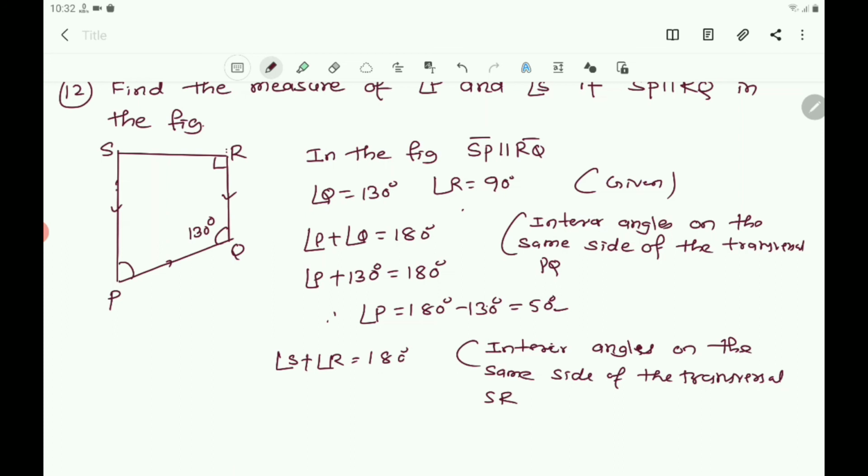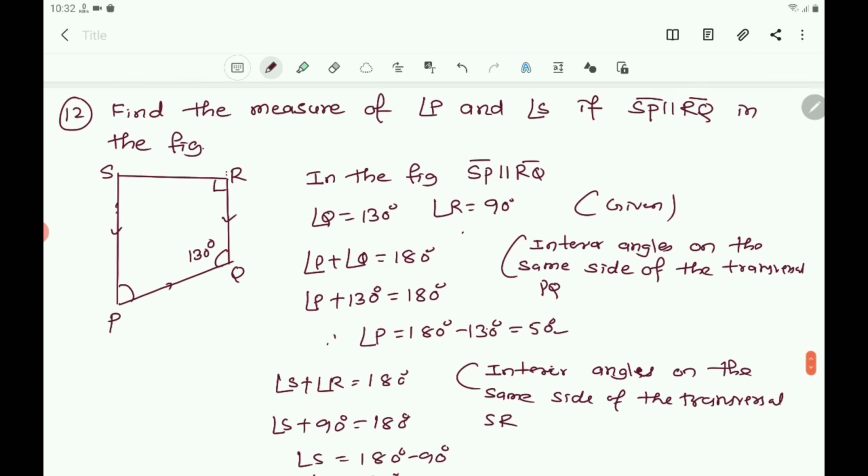Angle S and angle R become the interior angles on the same side of the transversal. So angle S plus angle R, which is shown here as 90 degrees, is equal to 180 degrees. So angle S is equal to 180 degrees minus 90 degrees. Then you got angle S is equal to 90 degrees.